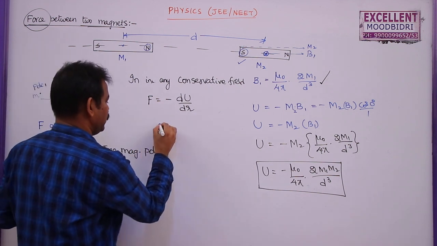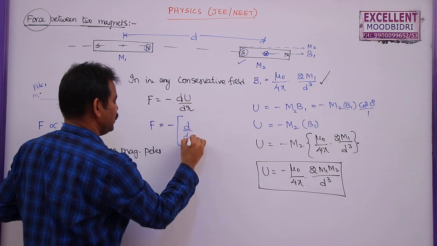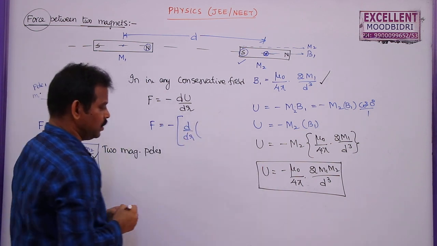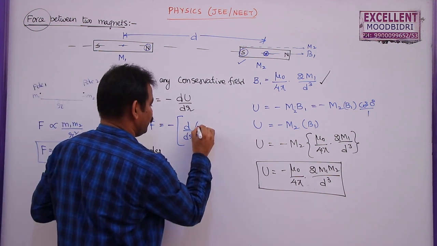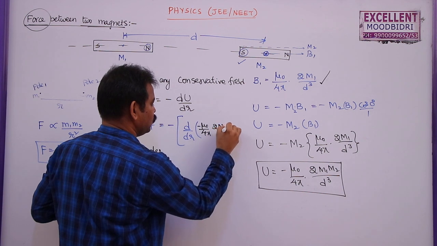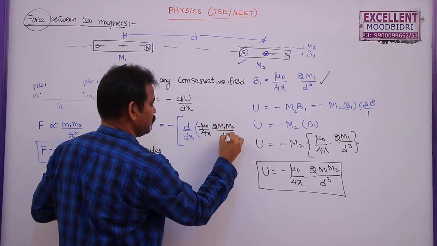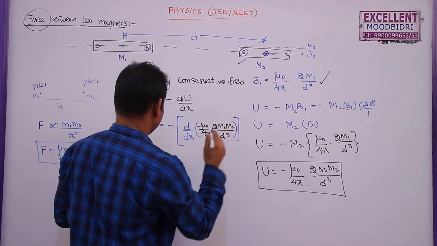Now we can write F is given by minus d by dr of minus mu naught by 4 pi, 2 m1 m2 by d cube. So this is the expression here.